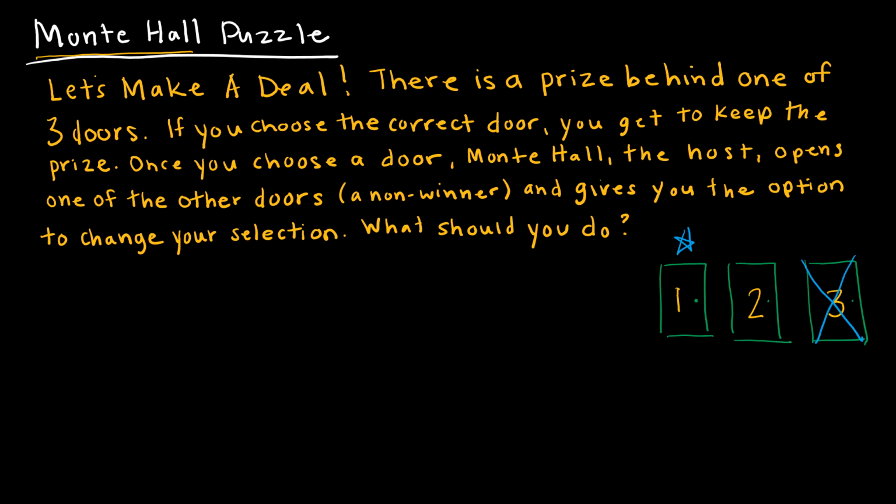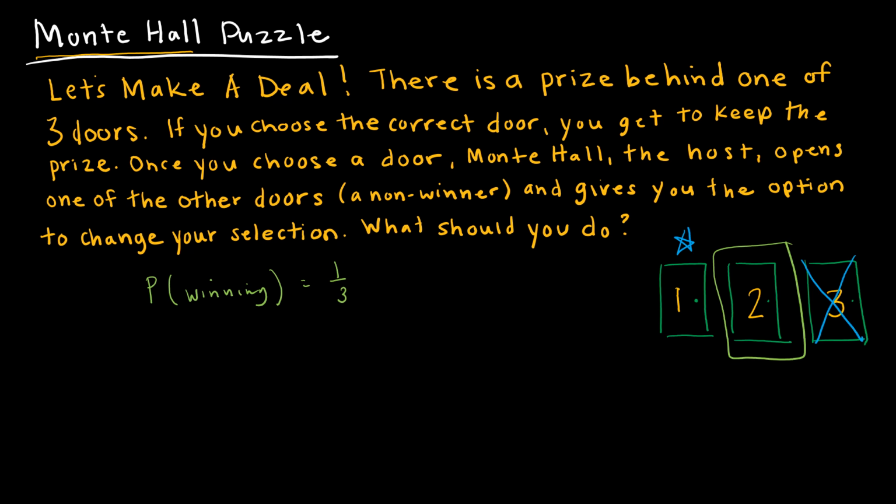So what did you choose? Well, you should choose to switch to door number 2. And here's why. When I chose the first time, my probability of winning was just 1 out of 3. That's just typical. There's 3 doors, one of them wins out of 3.